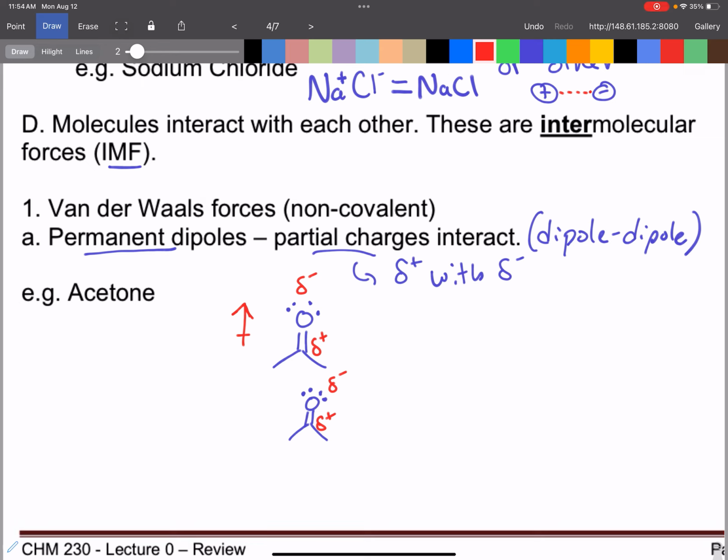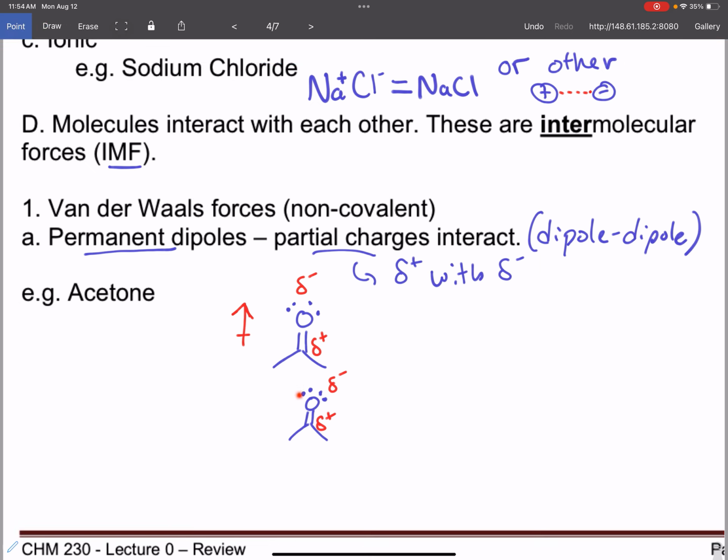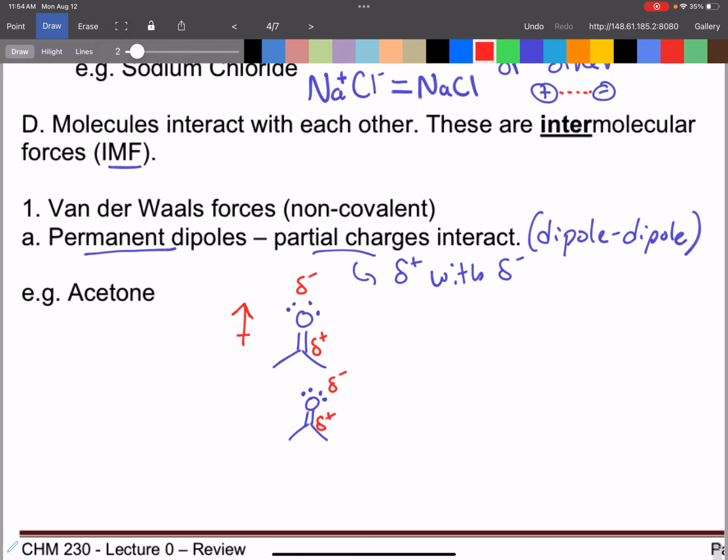And the dipole-dipole interaction is actually where the lone pair, the partial negative charge on this oxygen interacts with this kind of partial positive carbon right there. And we can depict that using, say, dashed lines. So the dipole-dipole interaction would look something like that, with those dashed lines right there. And so there's a little bit of an attraction there. There's slightly positive, slightly negative, so there's a slight attraction there, partial attraction in this intermolecular force.